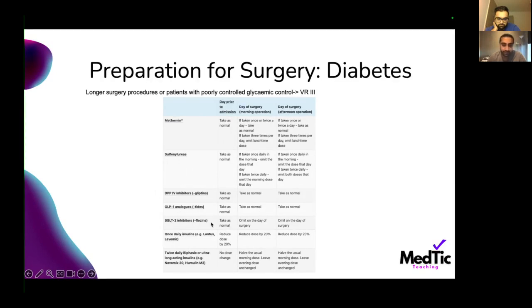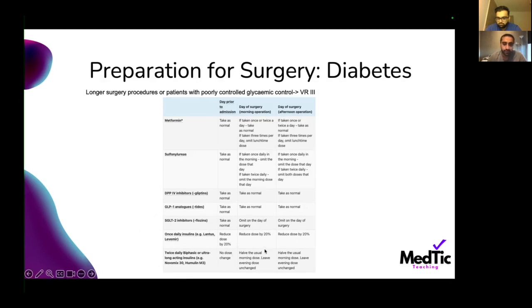Your dapagliflozins you omit on the day of surgery and the day after surgery. Your long-acting insulins, Lantus, Levemir, you reduce by 20%. And your short-acting insulins, like NovoRapid, you omit basically.